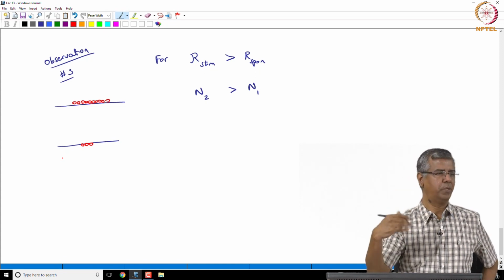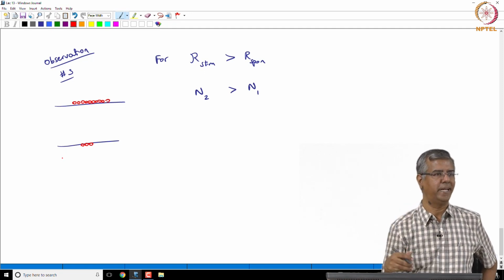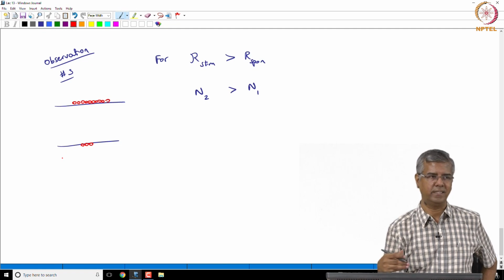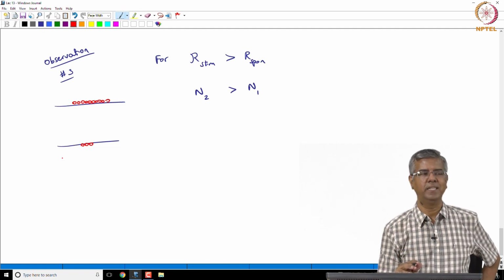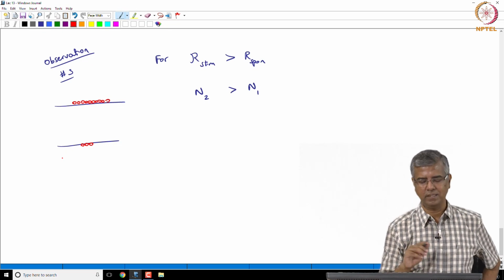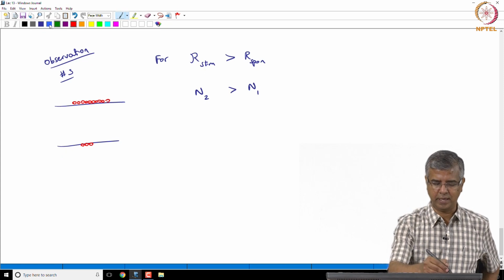And of course, beyond that you also need photons coming in to stimulate the transition. But the basic condition you require is that N2 should be greater than N1.